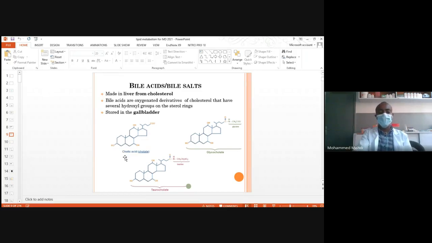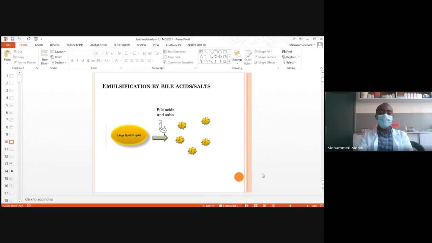So they will give us the emulsification function, and then we'll have an interface between lipid and enzyme. This is how it works. We have large lipid droplets before emulsification. They aggregate with each other to avoid water contact.